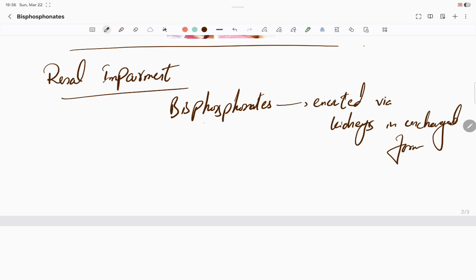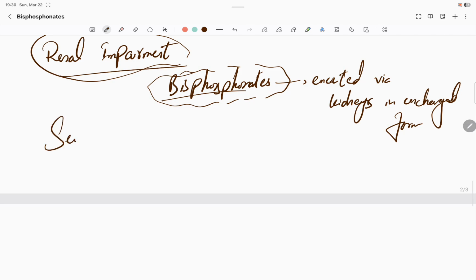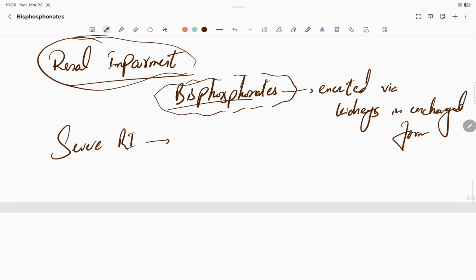So that's why renal impairment is one of the risks if you're using bisphosphonates. So in case of severe renal impairment, bisphosphonates are considered as contraindicated.